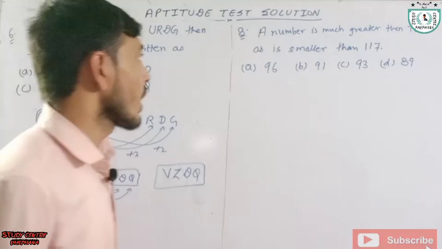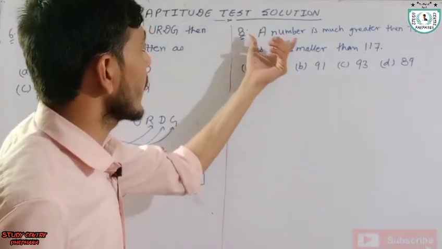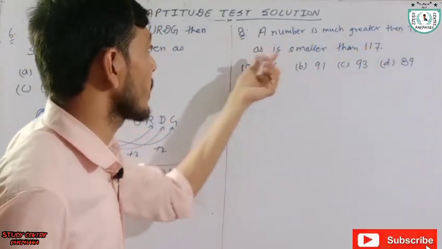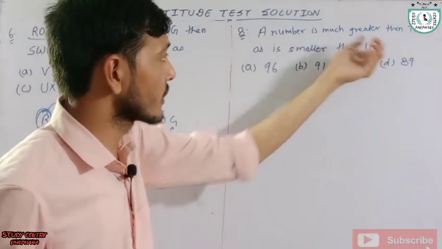Okay, now we have the next question: a number is much greater than 75 and smaller than 117.